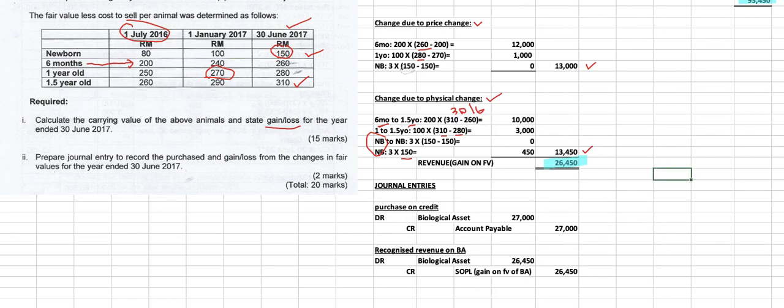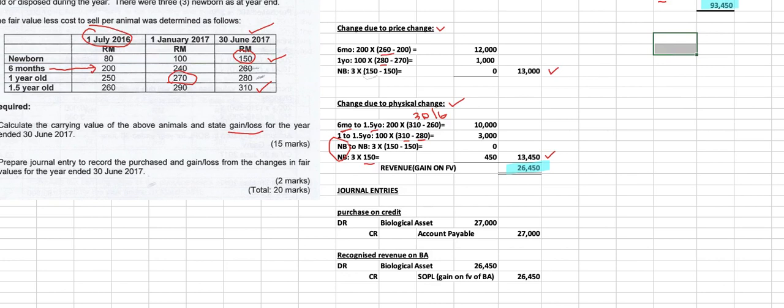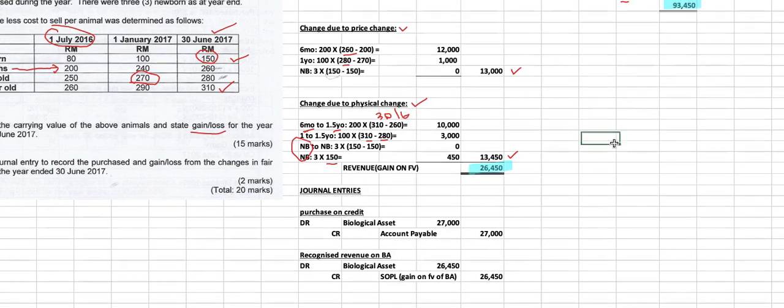Now, let's say the question asks you to prepare a statement of profit or loss and the statement of financial position, SOPL and SOFP. It is basically just in terms of presentation.